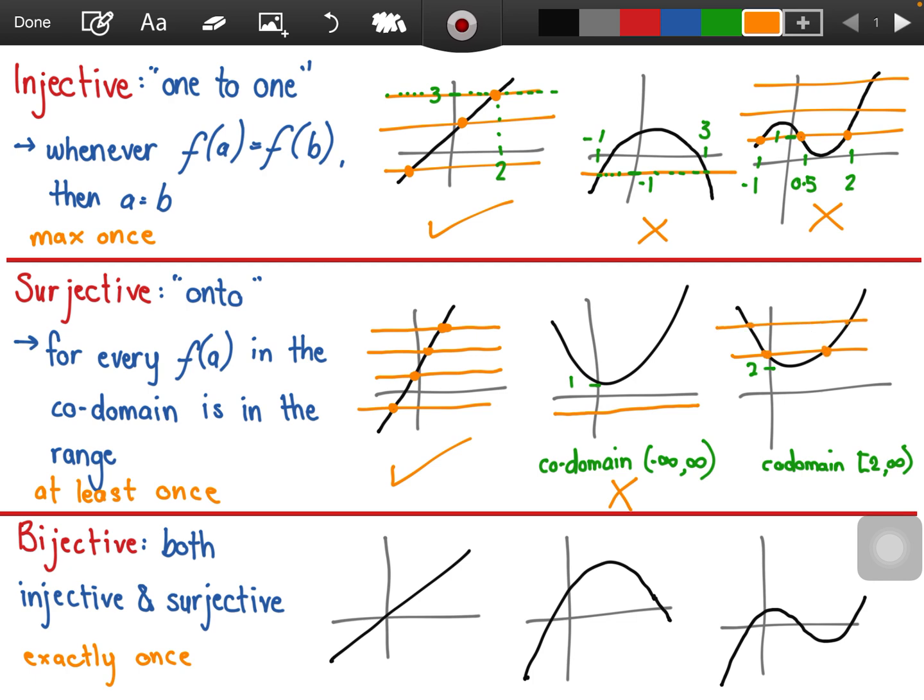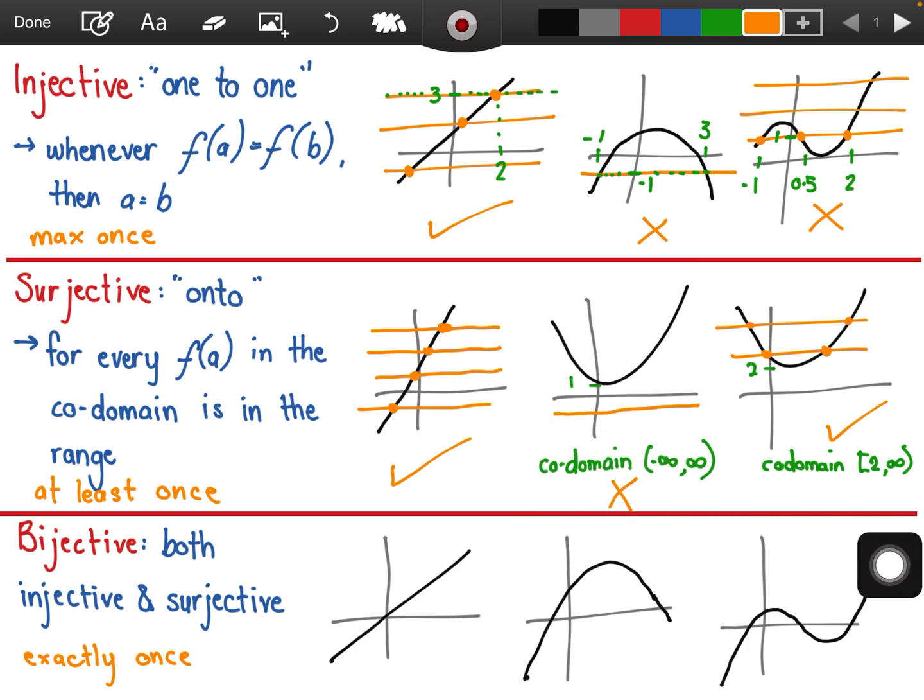So this graph actually is surjective. Even though it looks very similar, it could have been the exact same graph, but the codomains are defined differently. That's why this one is surjective, because it has a different codomain, whereas this one is not surjective because there are areas within the codomain that are not in the range.